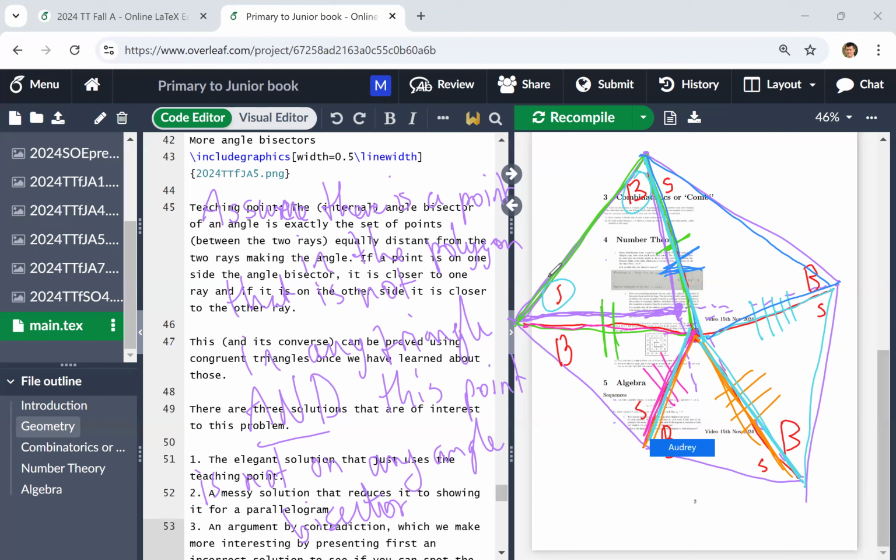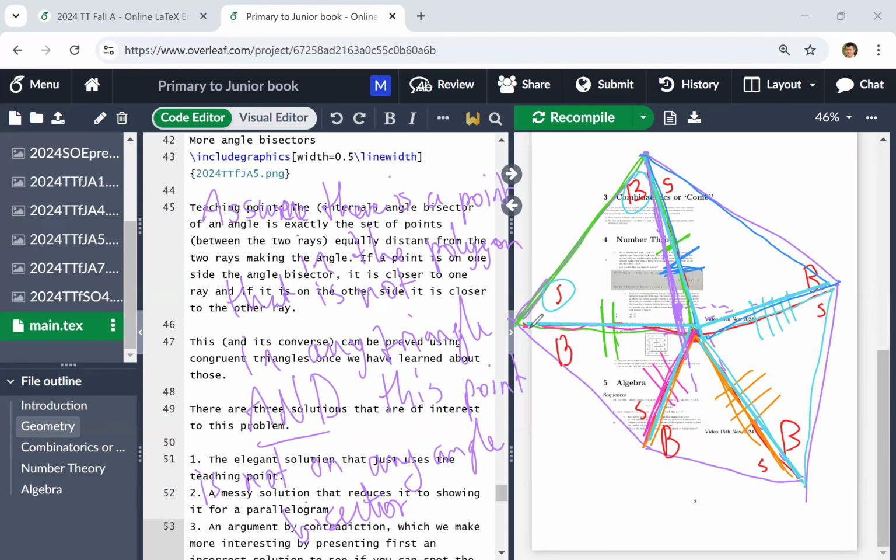But what we do know is that the angle bisector, like if one side is smaller, actually lies... So if the angle is bigger, the angle bisector is on the inside, right?